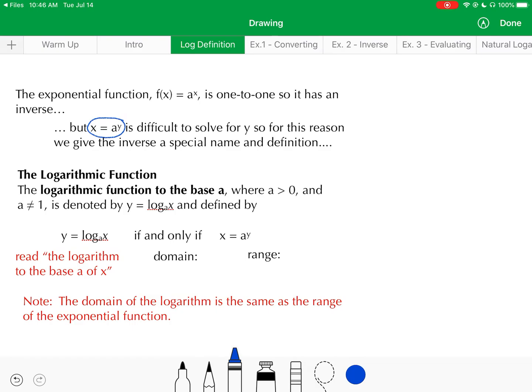So the logarithmic function to the base a, where a is greater than 0 but not equal to 1, which is the same as it was for the value of a in an exponential function, is denoted with this equation, which is read as y equals log to the base a of x.